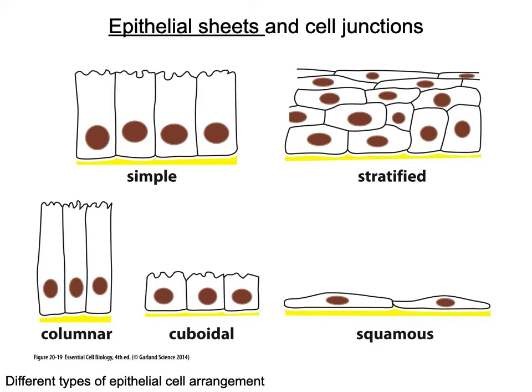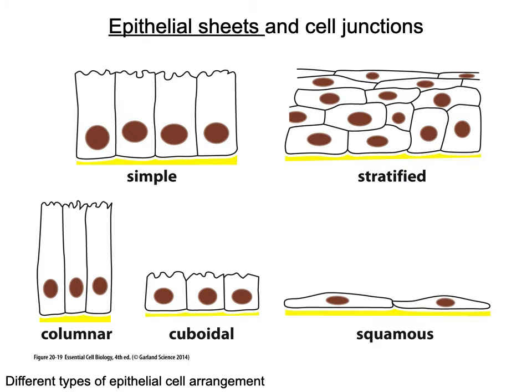So in looking at the gut, we were looking at columnar epithelial sheets. There are other arrangements, as I alluded to, and this shows you some of the different arrangements that are present. For this figure, the yellow you're seeing is where our extracellular matrix would be, our basal lamina. So we end up having this orientation where we have an apical and basal side of these epithelial sheets.